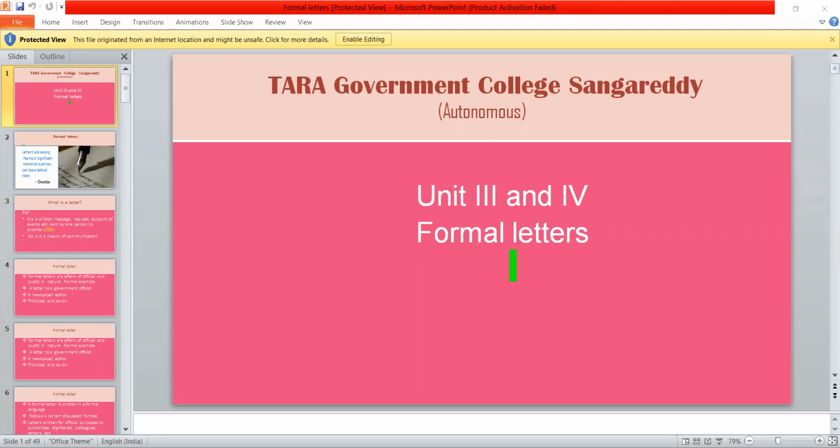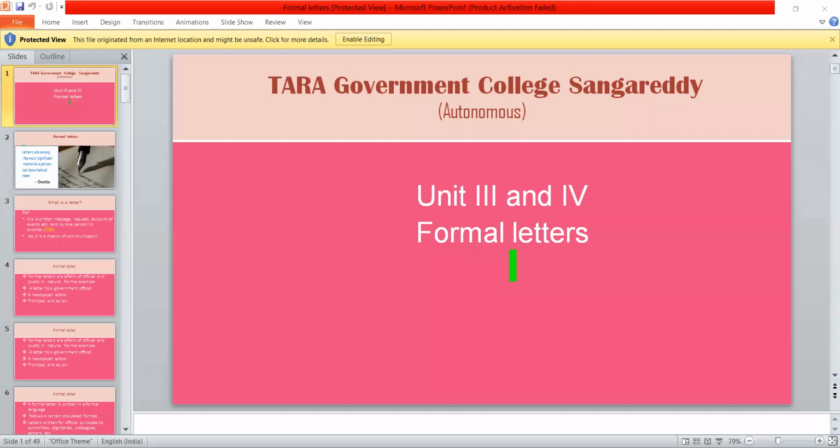What kind of letter is the formal letter? It is the affairs of the officers, and that is done in public. For example, a letter to a government official. Official is nothing but an officer, a government officer. Then a letter to a newspaper editor, a letter to a principal, the head of an institution, a headmaster, and so on.